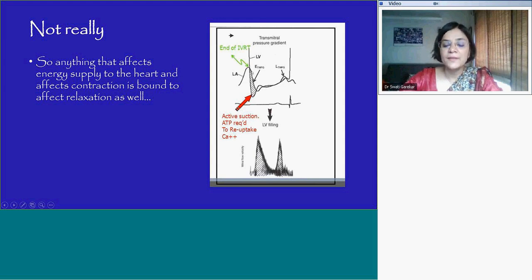In this diagram, this portion is the isovolumic relaxation time, and this is where the pressure is higher, so that point is captured over here. There's actually a lot of energy being spent because it takes energy for calcium to come out of the cell.